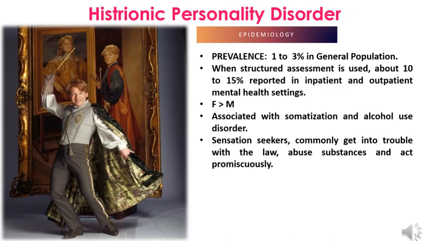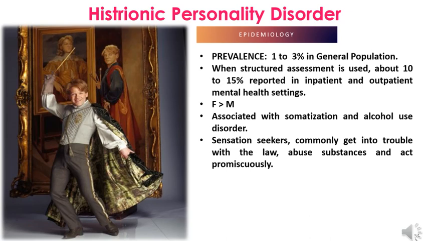Limited data from general population studies suggest a prevalence of histrionic personality disorder of about 1 to 3%. Rates of about 10 to 15% have been reported in inpatient and outpatient mental health settings when structured assessment is used. The disorder is diagnosed more frequently in women than in men. Some studies have found an association with somatization disorder and alcohol use disorders.